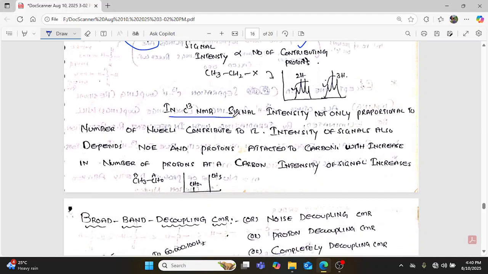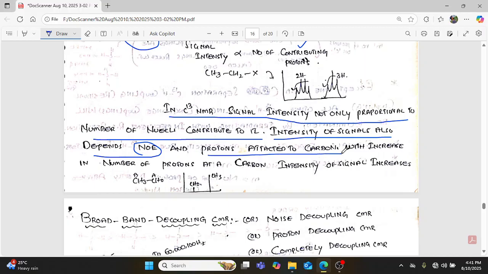In C13 NMR, signal intensity is not only proportional to the number of nuclei contributing, it also depends upon the NOE, the nuclear Overhauser effect. The coupling takes place through space, already discussed, and through protons attached to the carbon. With increasing number of protons at the carbon, the intensity of the signal increases.